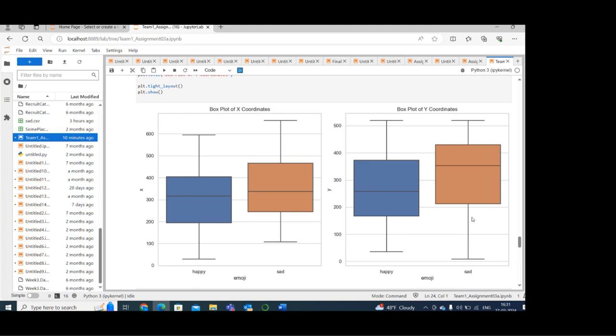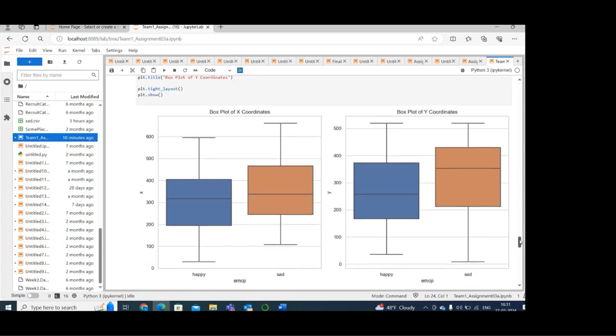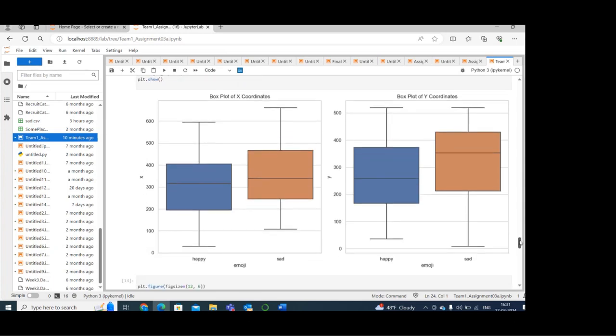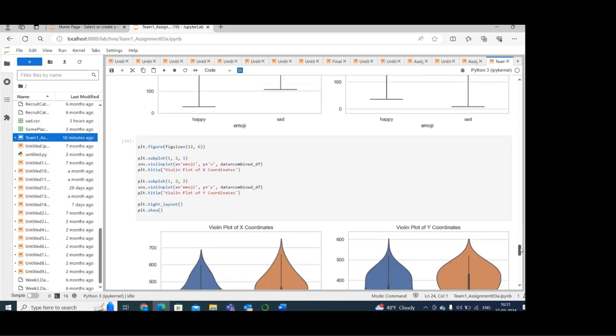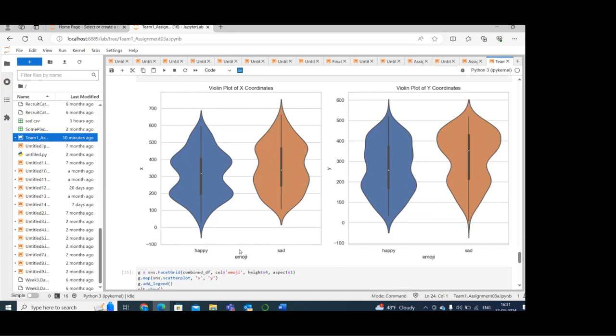These plots are particularly useful for comparing the distribution of the data between our happy and sad emojis. If you see, for the x and y coordinates, it shows the happy and sad emojis. And for the violin plots, this is the visualization for the happy and the sad face emojis.